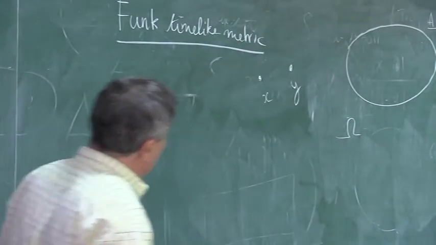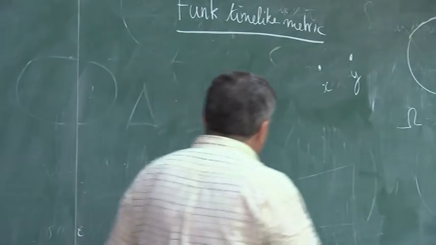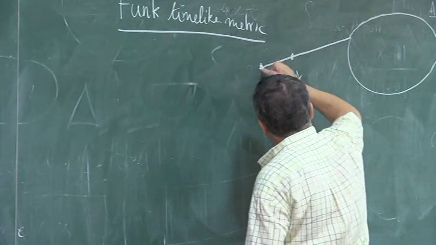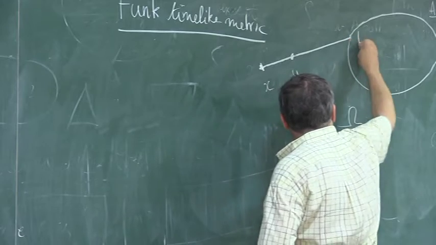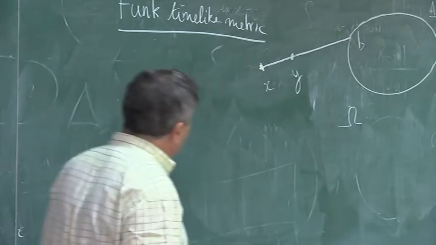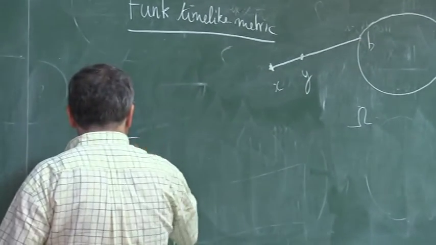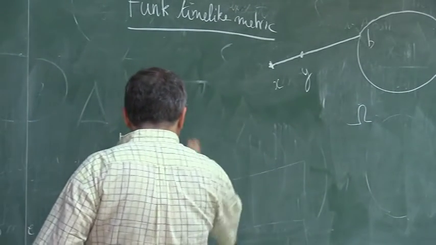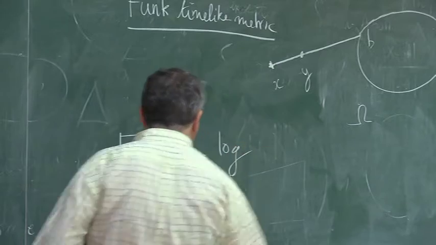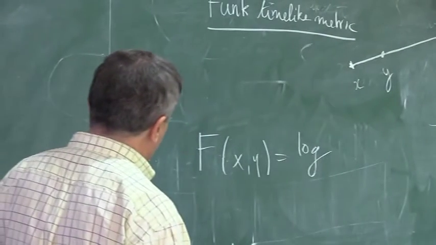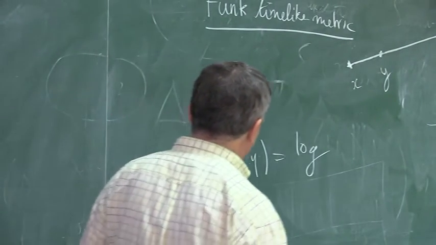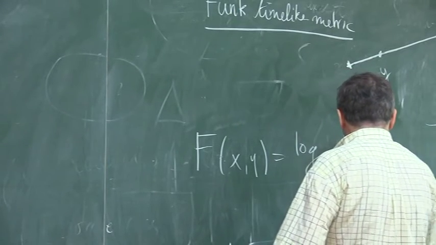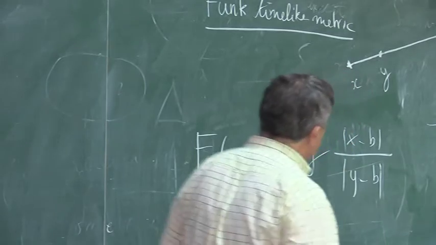I will tell you why it is time-like. You have x and y, and then you want to extend the ray starting from x, passing through y, and you get this point B here. And you say that, well, this is my Funk metric, but the time-like Funk metric. This is f of xy. This is the log of the Euclidean distance from x to b divided by the Euclidean distance from y to b.